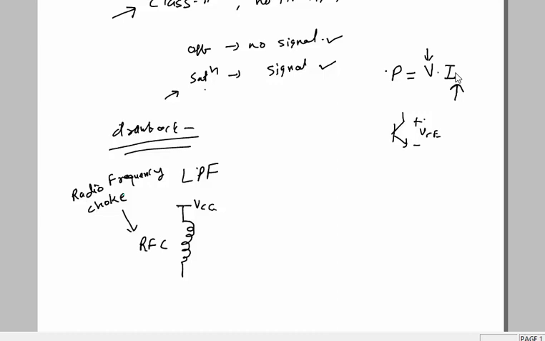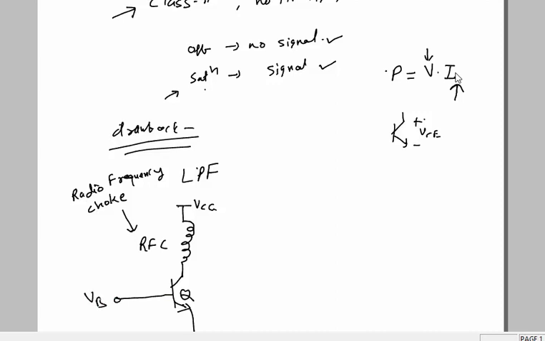What does RFC do? The RFC blocks AC but allows only DC. So this is the purpose of RFC. Then we have a transistor Q, and here we have applied the base voltage VB.